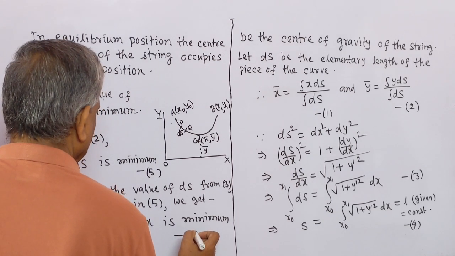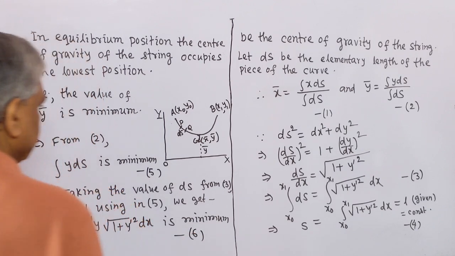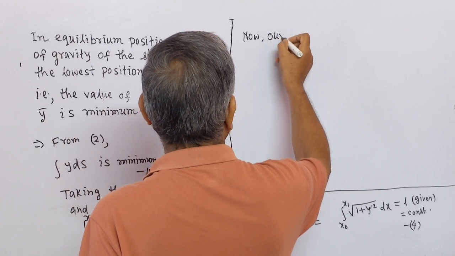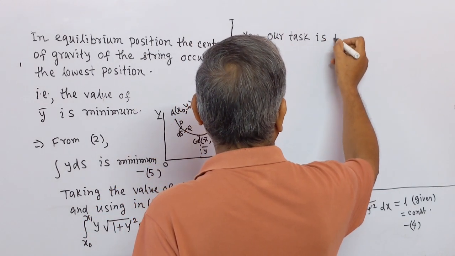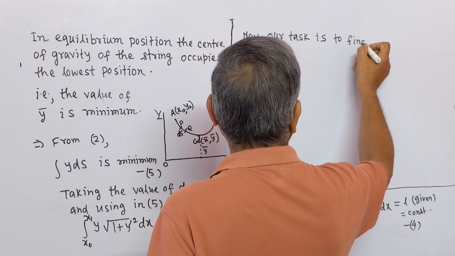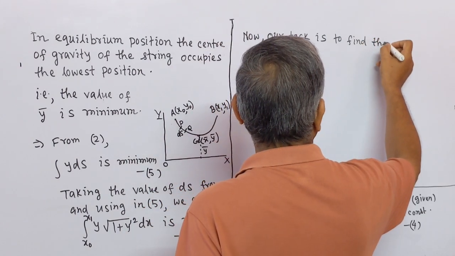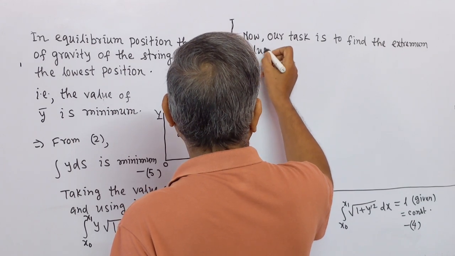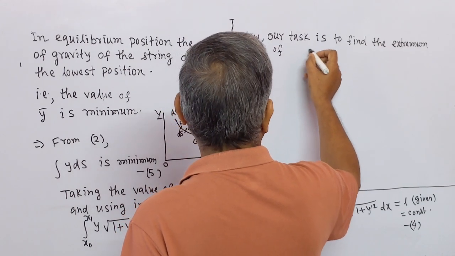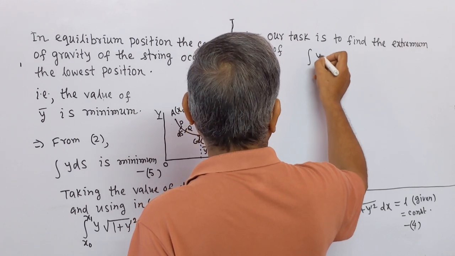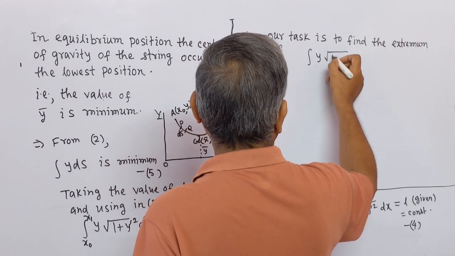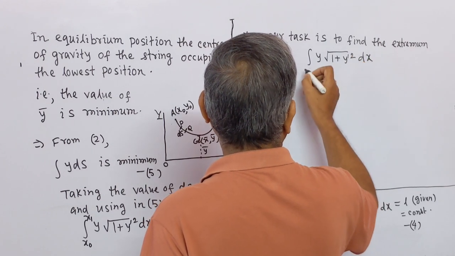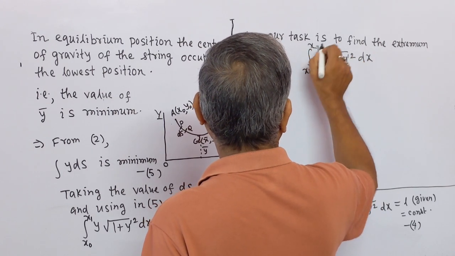This is number 6. Now our task is to find the extremum value of integration y square root 1 plus y prime square dx, x naught to x1.